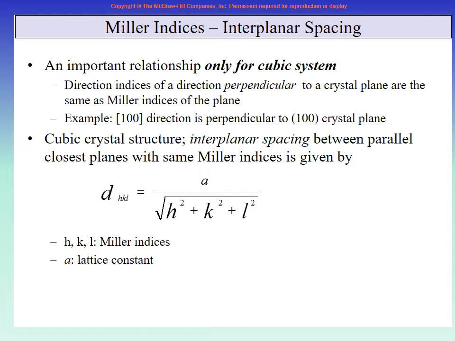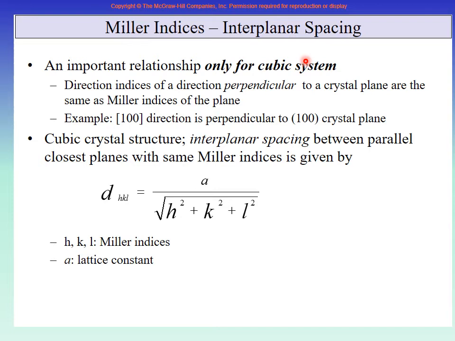Now there is something advanced, right? It is very simple for us. Miller indices x, y, z or whatever, but a relationship only for the cubic system. Cubic system means FCC, BCC, not HCP. HCP is hexagonal. So if it is FCC or if it is BCC, it is both cubic.